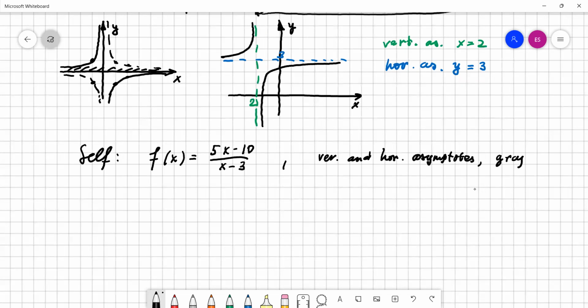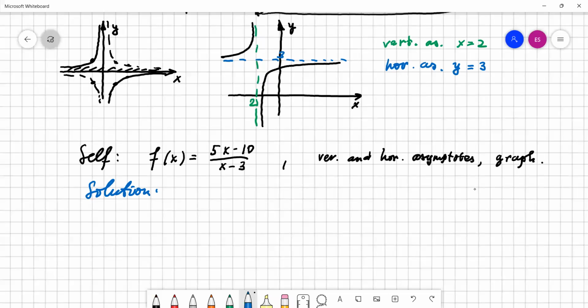Graph. As usual, I'm going to give you like 10 minutes to do this, and I'm going to just count to 5 and show you the solution, but my suggestion is to graph it yourself first. Okay, so 1, 2, 3, 4, 5. Solution.